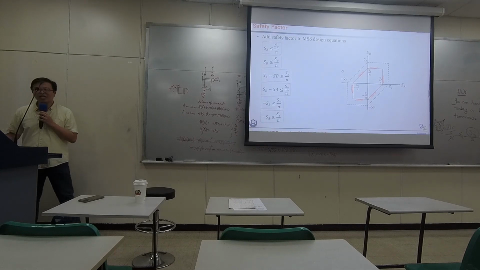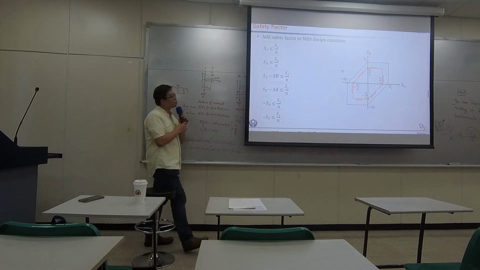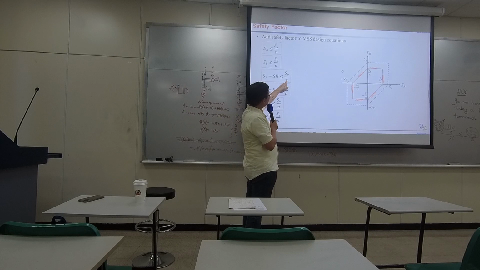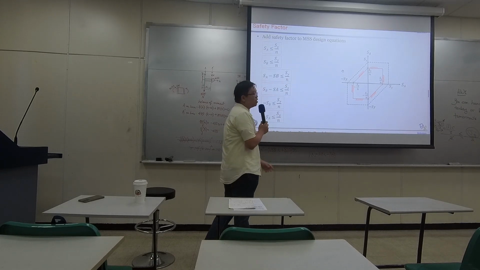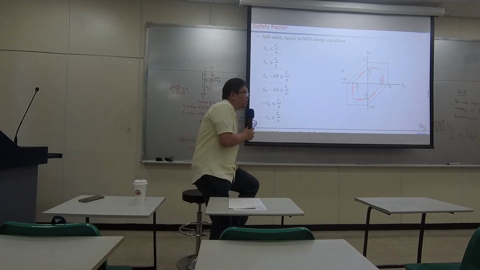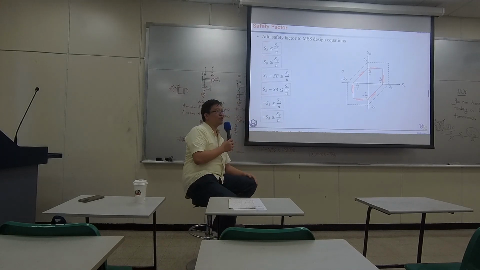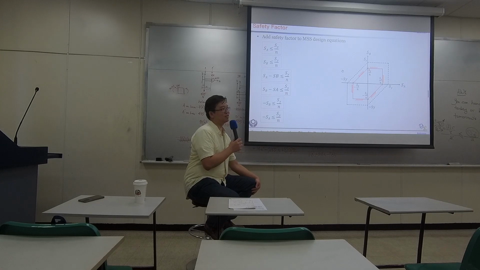So what's happening is we would like to give a safety factor on the right hand side at the bottom, and this value must be either 1 or greater than 1. So usually the safety factor is a positive value, larger than 1.